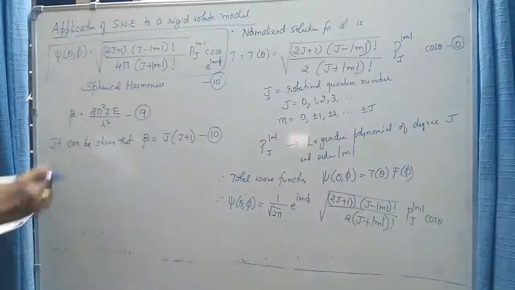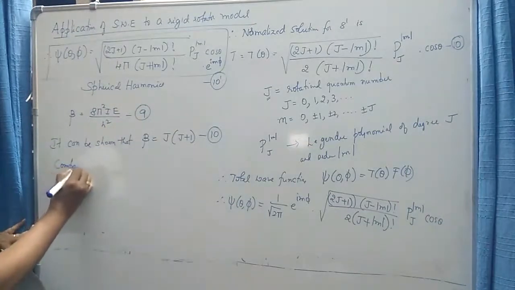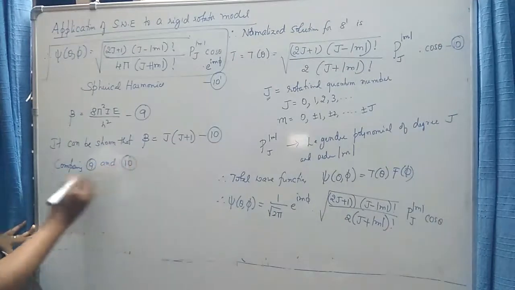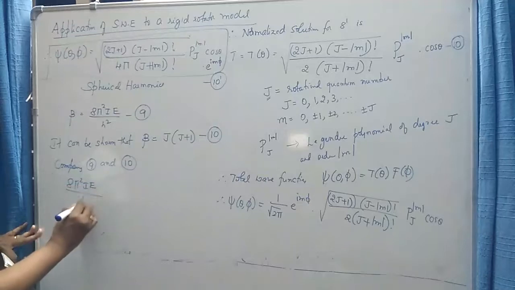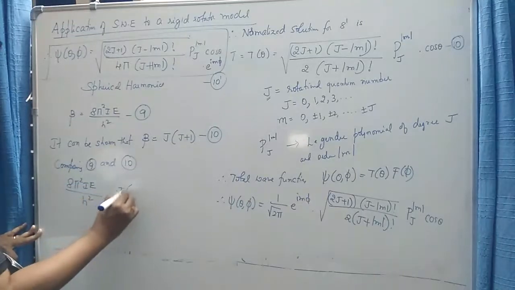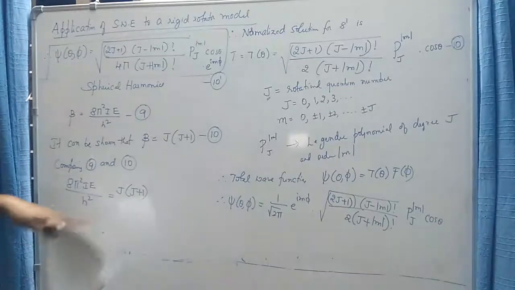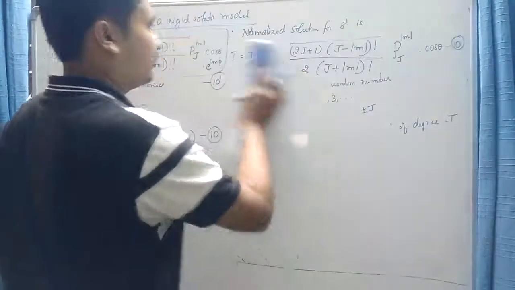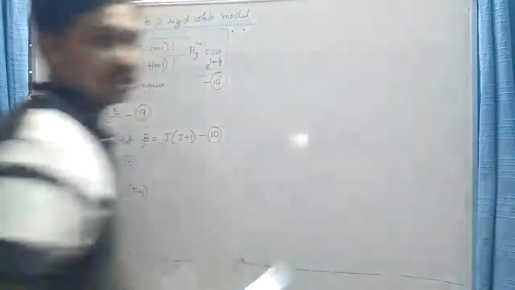So if we compare equation 9 and 10, we get 8 pi square I into E divided by h square is equal to j into (j plus 1). So if I rearrange this equation, one can write an expression for the energy of the diatomic molecule which is behaving as a rigid rotator.